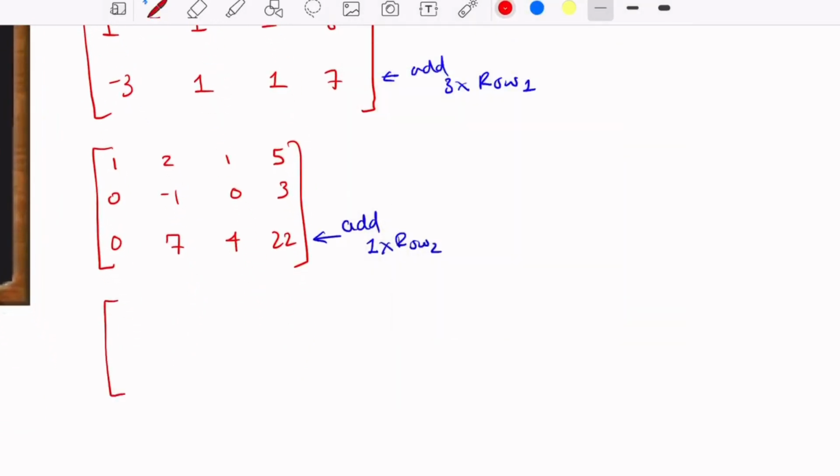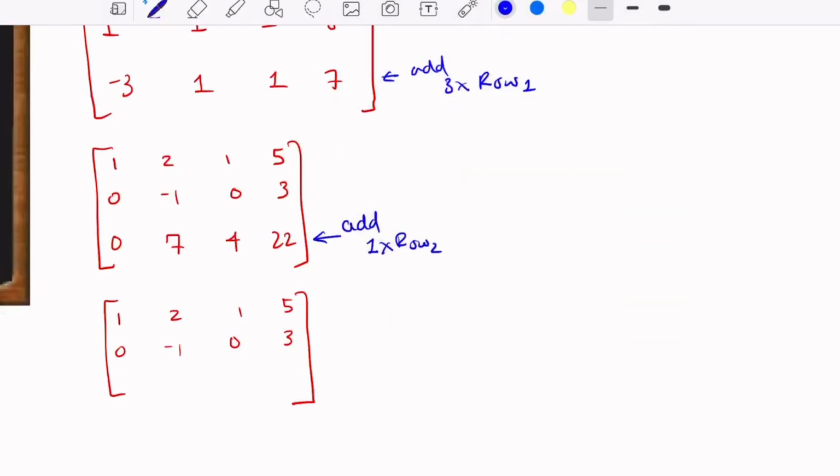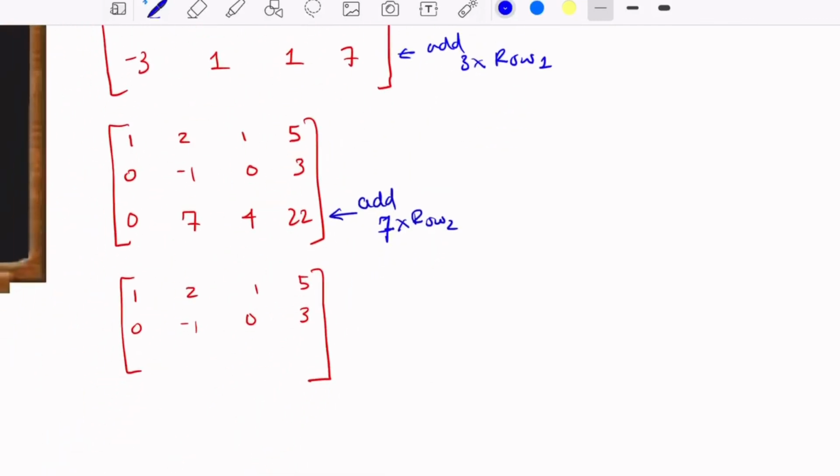By the way, I'm leaving everything else alone because this is all about adding stuff to the third row. Nobody said I'm doing anything to the second row or to the first one. So I might as well just write the other ones, the ones that I'm leaving alone. Now here I'm doing 7, sorry, it's late. I'm going to do 7 times row 2 and add it to it.